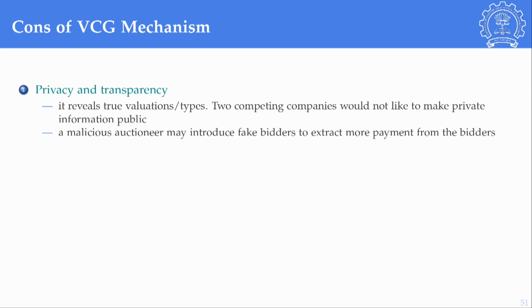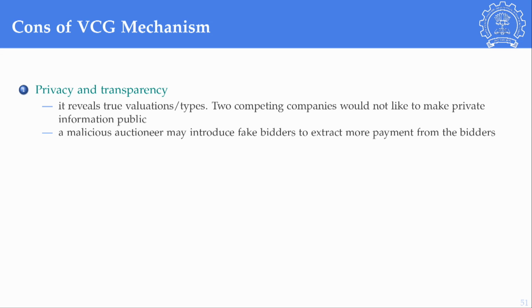Let us say Tata and Reliance do not want each other to know how much they really value this spectrum, right. It is a company trade secret. So could there be a more private mechanism? There is a thread of research which talks about how you can do these transactions, but in a more private manner, not the VCG way.